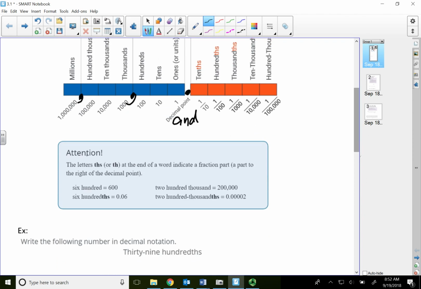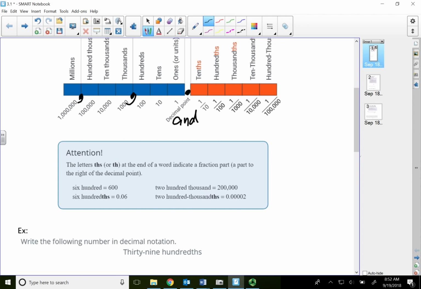The letters "ths" or "th" at the end of the word indicate a fractional part, a part to the right of the decimal point. So when we read 600, that's just 600 on the left side of the decimal. 6 hundredths will be 0.06.